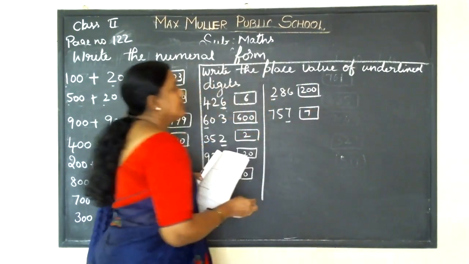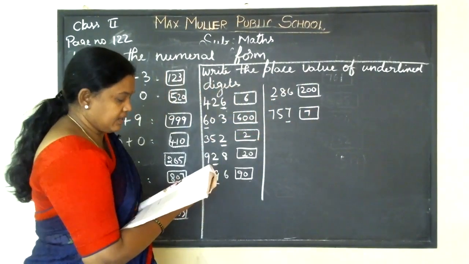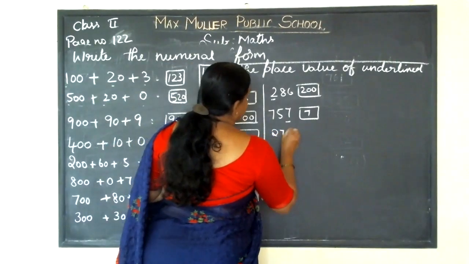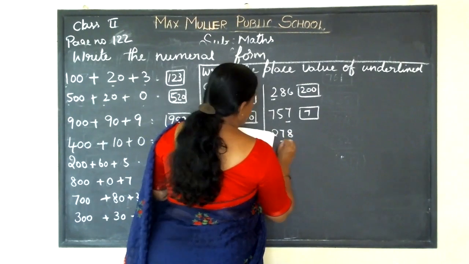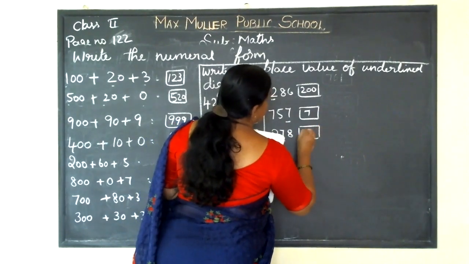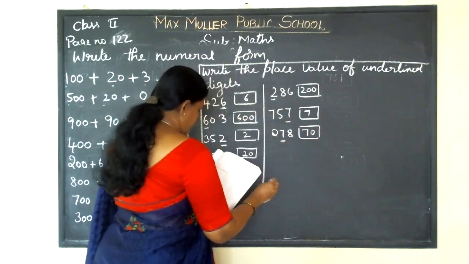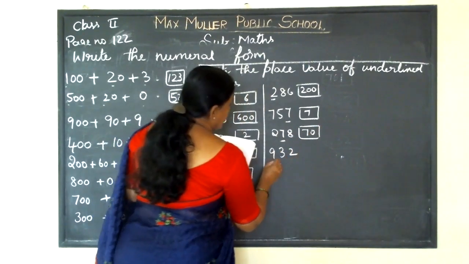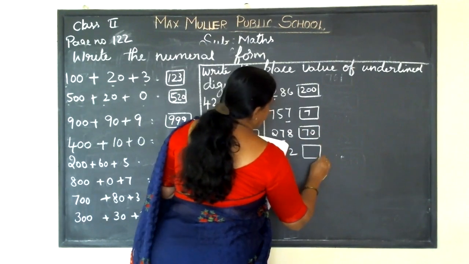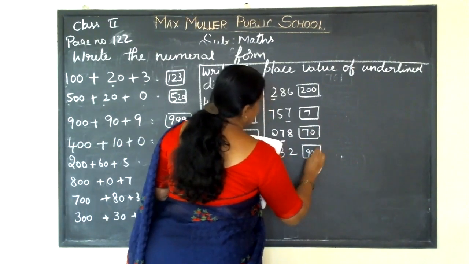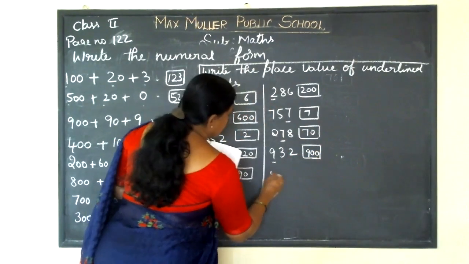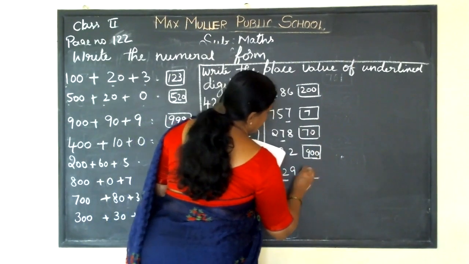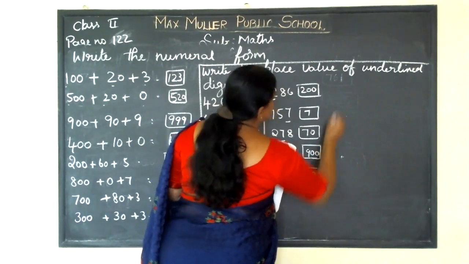Ones place, so you want to write 7. 278. 7 is in tens place, so you want to write 70. 932. 9 is in hundreds place, 900. 529. 2 is in tens place, 20.